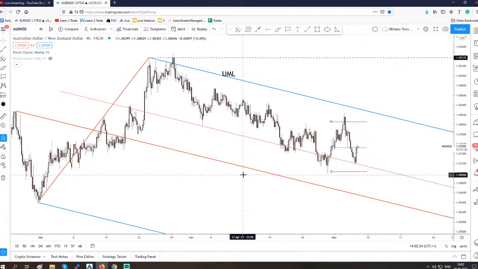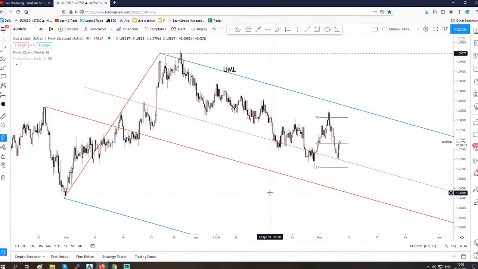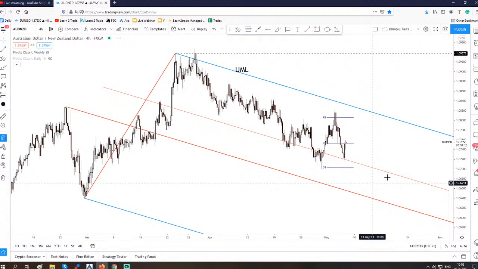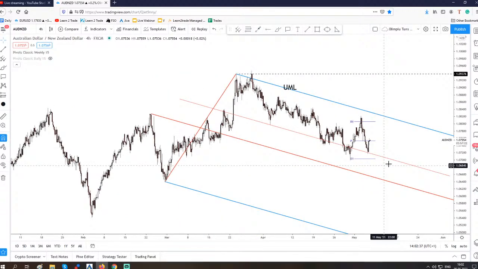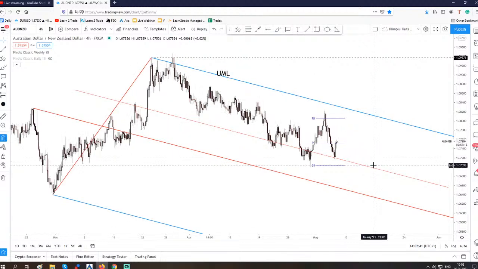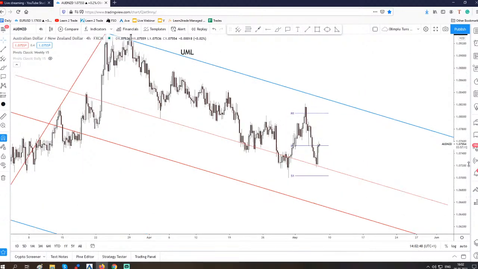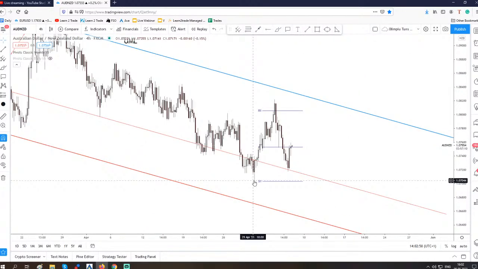So Australian dollar versus the New Zealand dollar. The price has found strong support on the weekly, right around the weekly support. Below it we had this false breakdown with great separation, so the price has dropped below S1 on the 4-hour chart, but it has closed much above it, signaling a potential growth here, upside momentum.